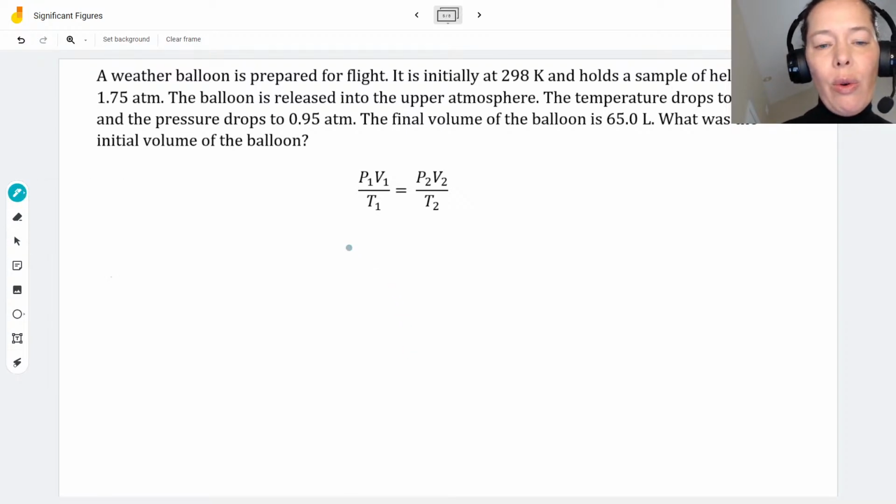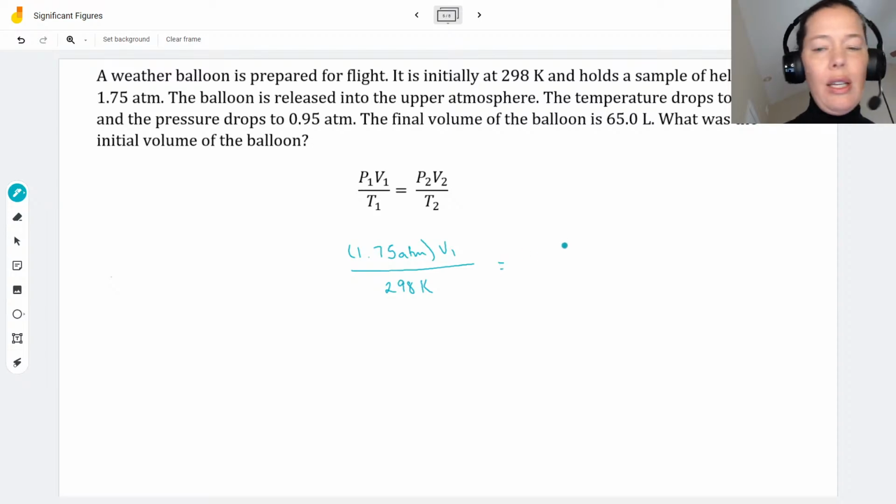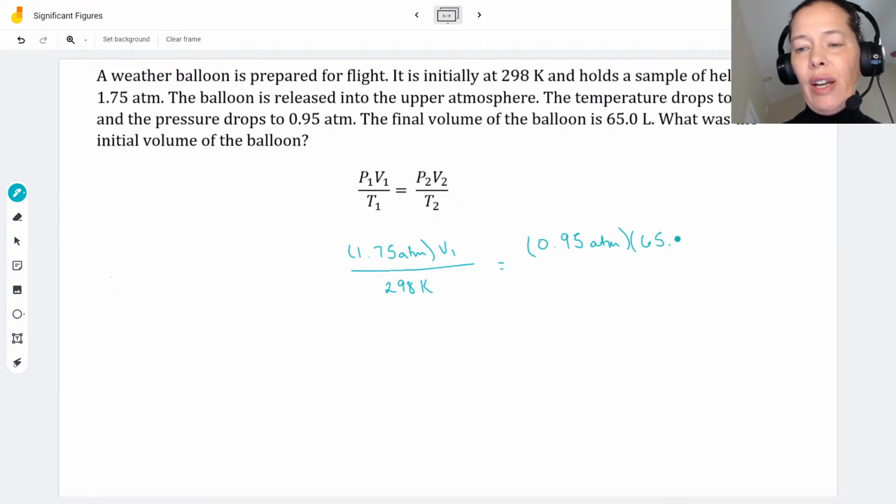Okay, so we're going to start with 1.75 atmospheres. We are solving for volume 1, and our T1 is 298 Kelvin. And we have all of the numbers for the right side. So that's 0.95 atmospheres. Our final volume was 65.0 liters. And our final temperature was 273 Kelvin.